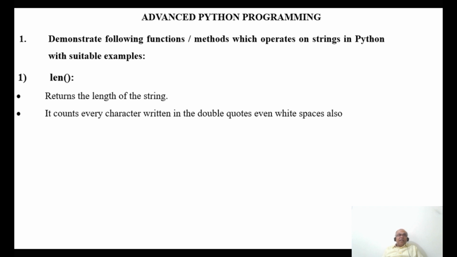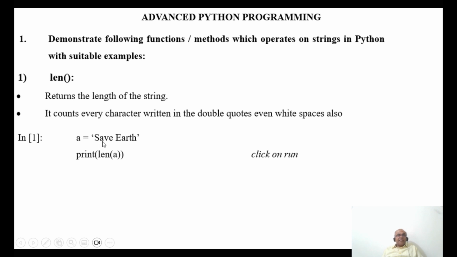It returns the length of the string, and it counts every character written in the double quotes, even white spaces. To explain this, let us take an example. Here, A is the variable name and "SAVE EARTH" is a string.